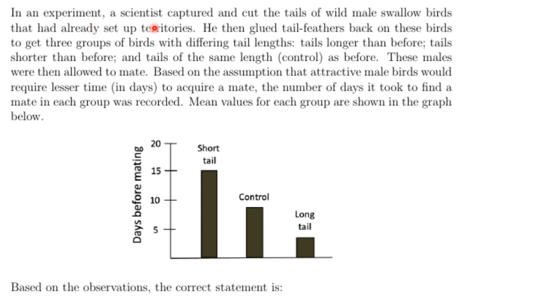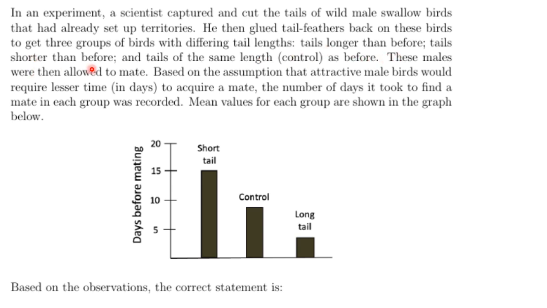Then, in an experiment, a scientist captured and cut the tails of wild male swallow birds that had already set up territories. He then glued the tail feathers back on these birds to get 3 groups of birds with differing tail length. Tail longer than before, tails shorter than before, tails of the same length as before.